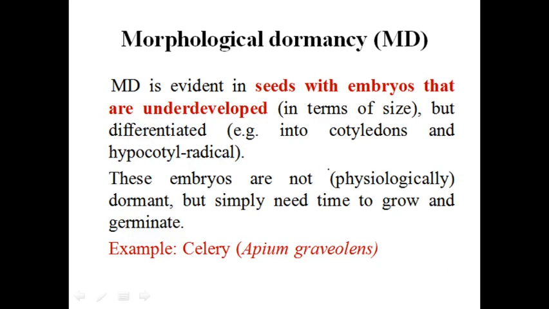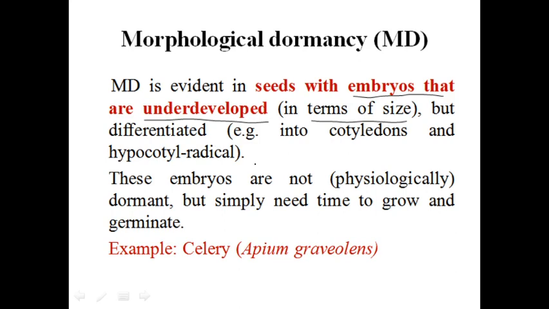Another type is morphological dormancy, where the embryos are underdeveloped, most of the time in terms of size, but differentiated into cotyledons and hypocotyl as well as the radicle.